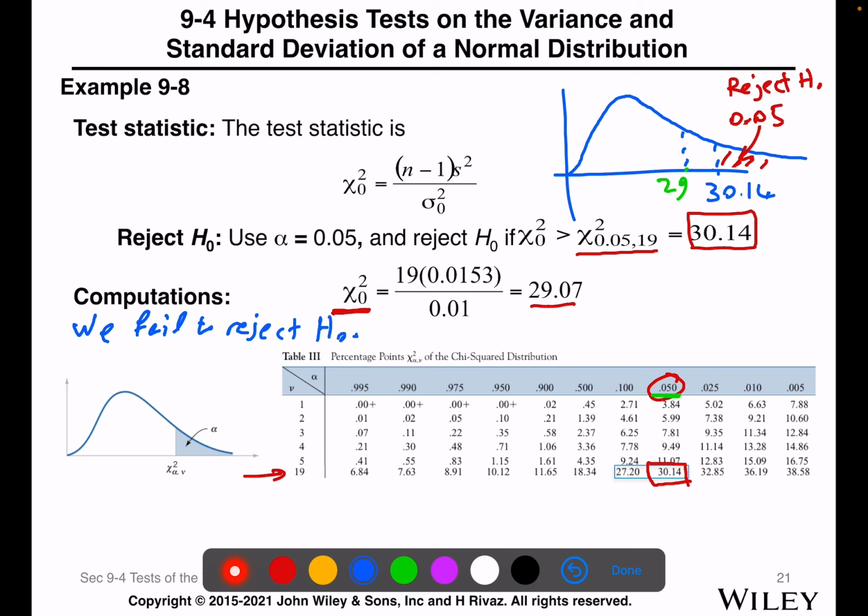And the reason for that, I'm not going to write that down, is that if we reject H0, the probability of doing that by mistake is something between 5 and 10%, between these two guys, right? And that's a large probability of error. And because of that, we don't reject H0. We fail to.